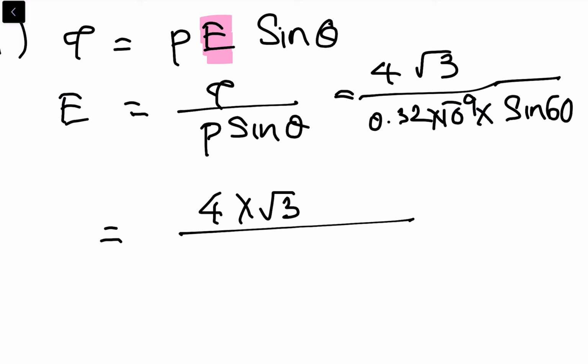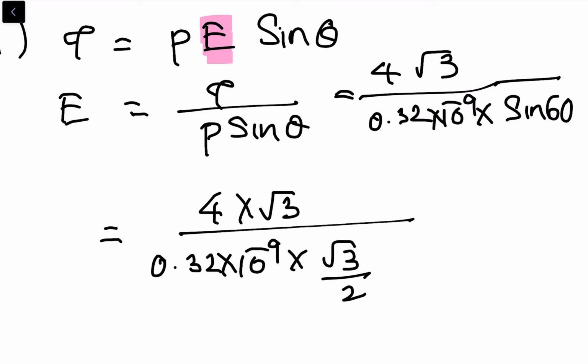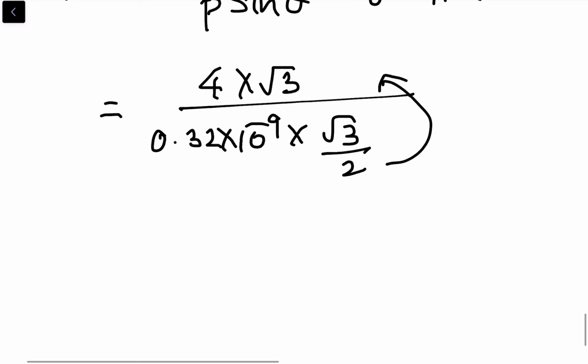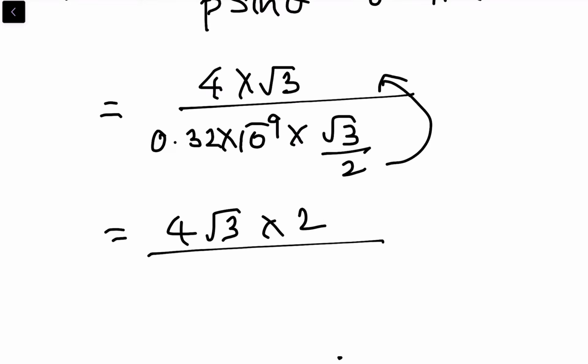Then p is 0.32 × 10^-9, and sine theta is root 3 by 2. Then this 2 will go up. Then we will get 4 root 3 into 2 divided by 0.32 × 10^-9 into root 3.